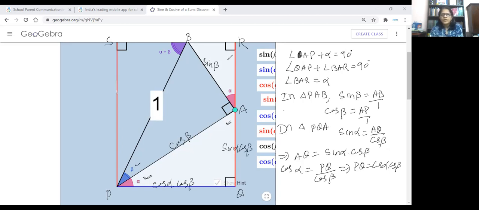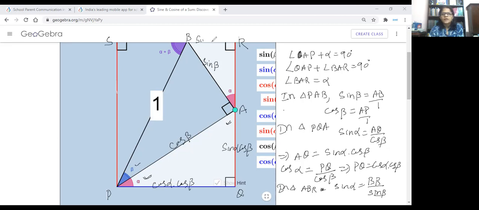Now coming to triangle ABR. Here you have this angle is alpha, right? So sine alpha equals BR by AB, and AB means sine beta. So BR equals sine alpha into sine beta.